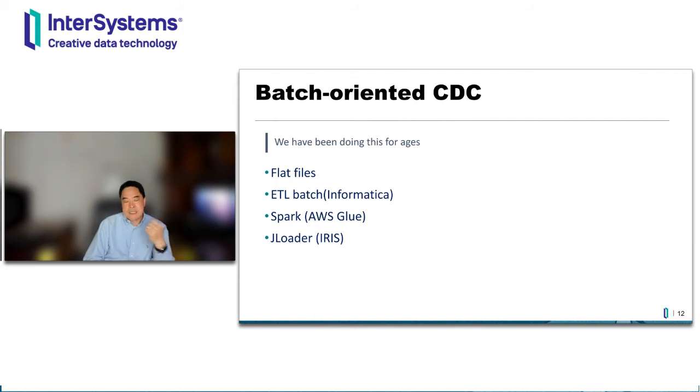IRIS fully participates in that. But nowadays there are new tools, right? There's Spark, such as AWS Glue, which I think is Spark 2.1, and you can use Spark to do these batch processes. The key difference between Spark and other approaches is that Spark has so-called partitions.